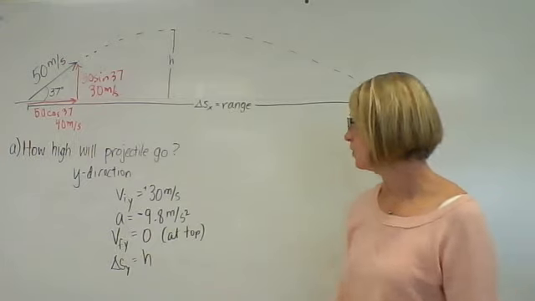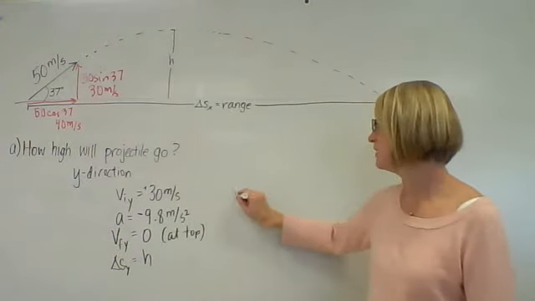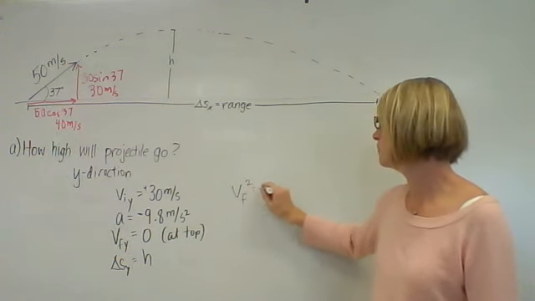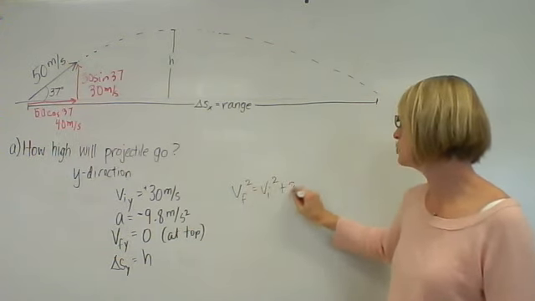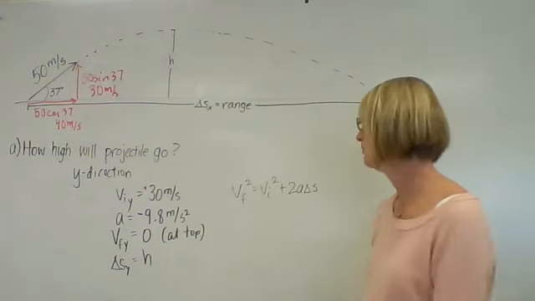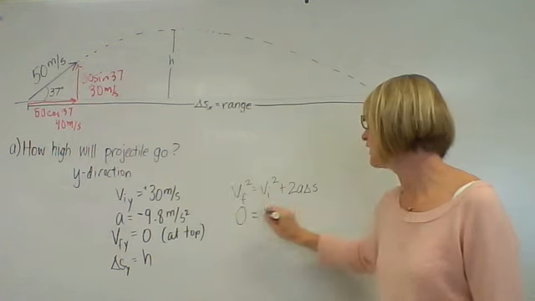And that's what we're looking for, so we're going to find an equation that has all that stuff, which is VF squared equals VI squared plus 2A delta S, from your note card, the time-independent equation. And we have final velocity is 0, initial velocity is 30.